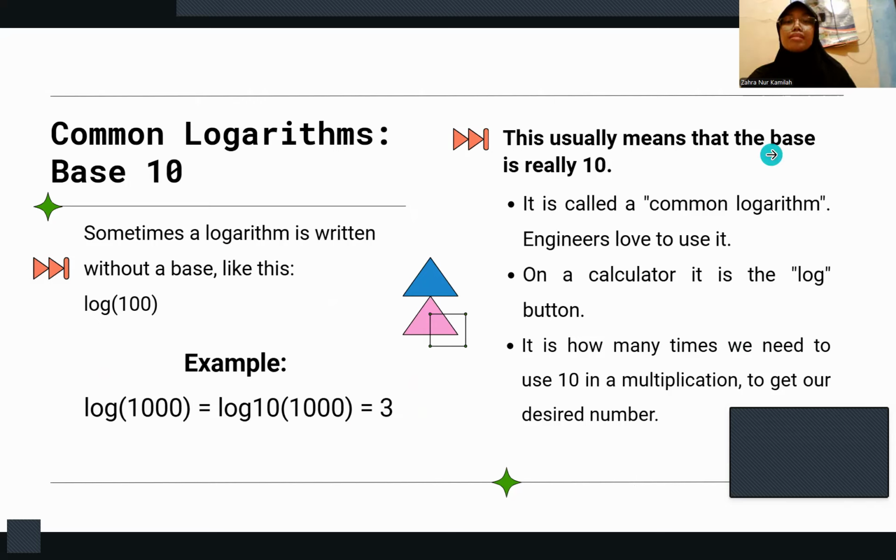This usually means that the base is 10. It is called a common logarithm, and engineers love to use it. On a calculator, it is the log button. It tells us how many times we need to use 10 in a multiplication to get our desired number.